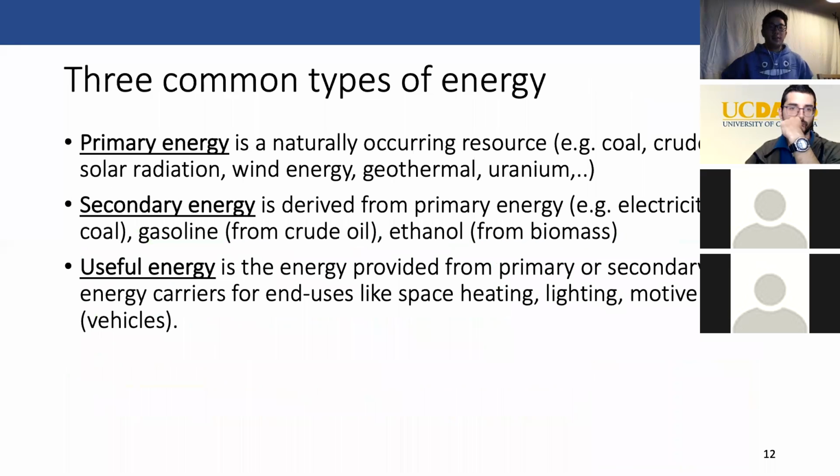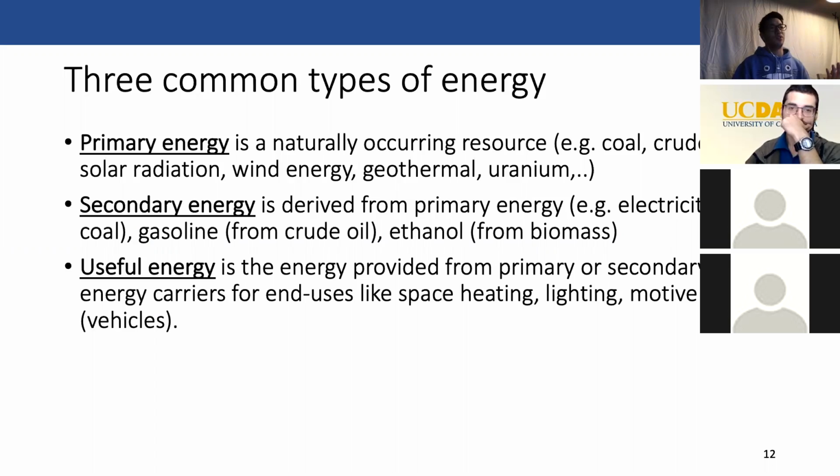In terms of types of energy, we like to categorize them across the life cycle of the use of the energy into what we refer to as primary energy, secondary energy, and useful energy. Primary energy is the naturally occurring resource. It means that there's no processing of the energy by humans.